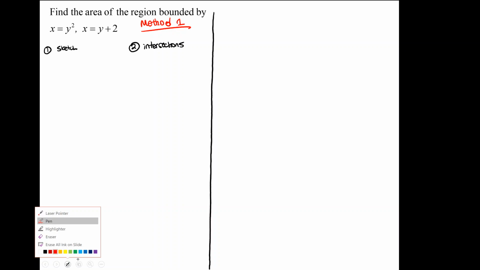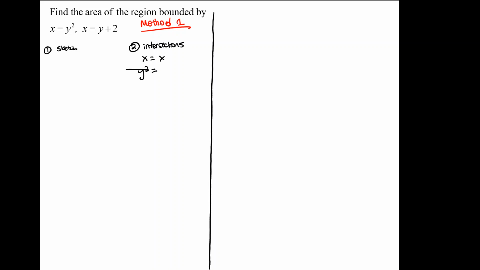So in the bad method, for intersections, we're going to set x equal to x instead of y equal to y. So y squared is equal to y plus 2. Subtract y from both sides, subtract 2 from both sides.